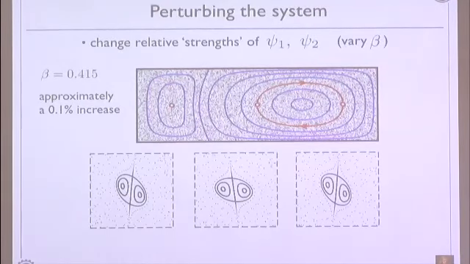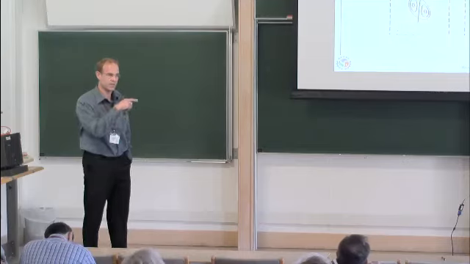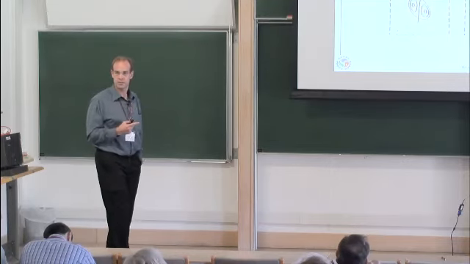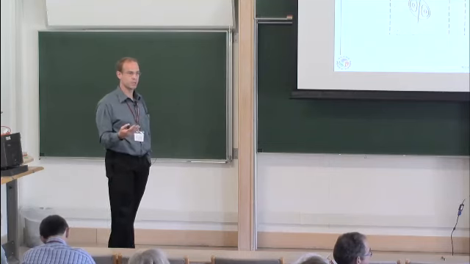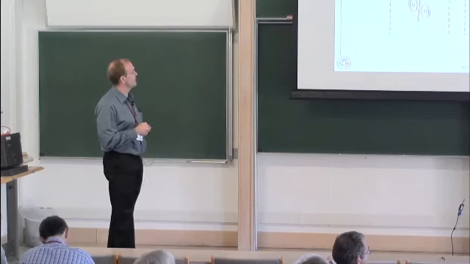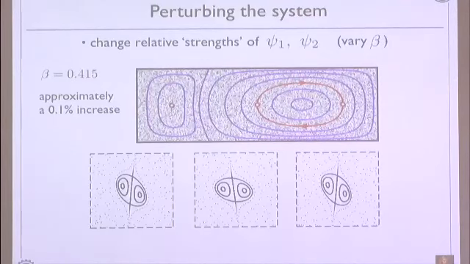If we zoom in here, one of the reasons that we might expect something interesting to happen is that in the exact case that I showed you, we just have this one period 3 orbit, and it's a parabolic orbit. So we expect it to be unstable to perturbations in the system. As you change beta in this way, the structure perturbs into two elliptic islands and two hyperbolic points, and we get what looks very much like a rod that sits in the fluid.